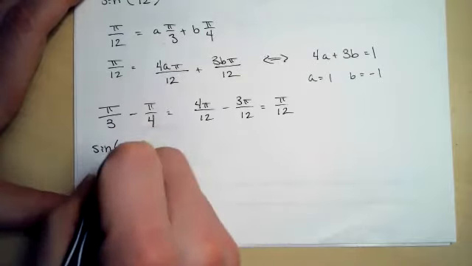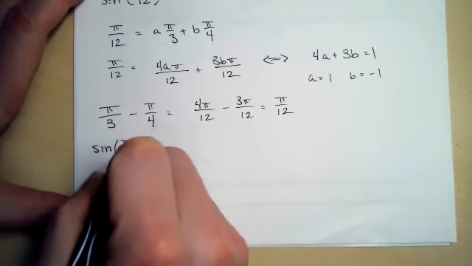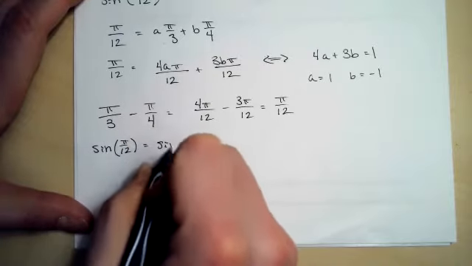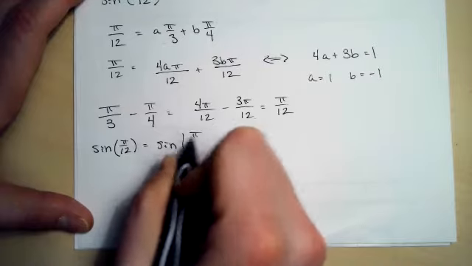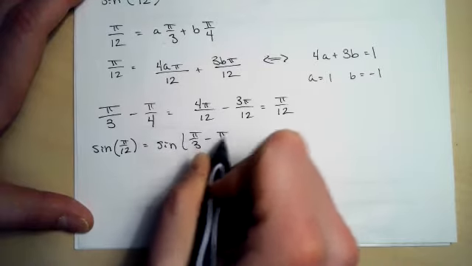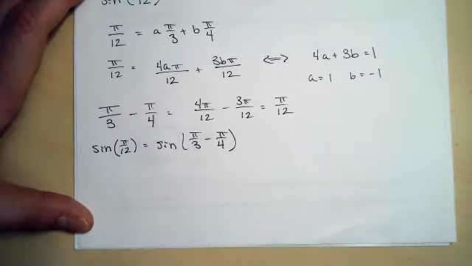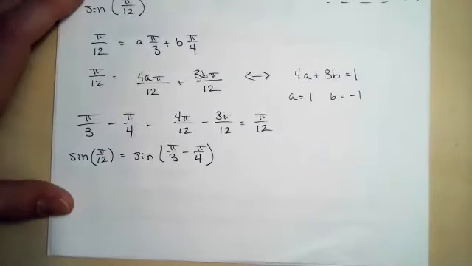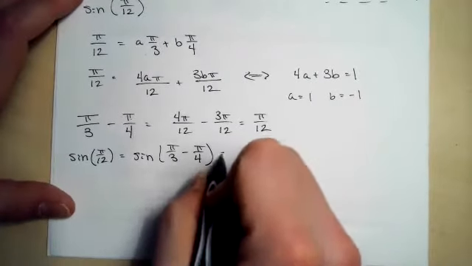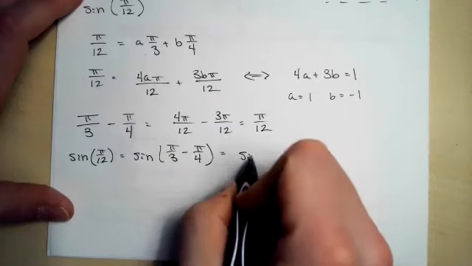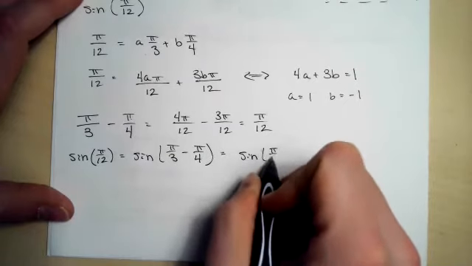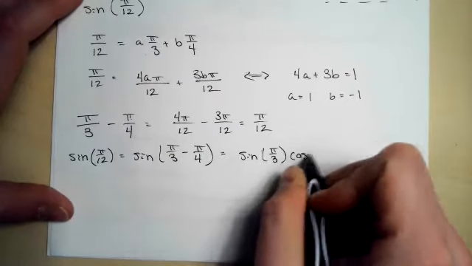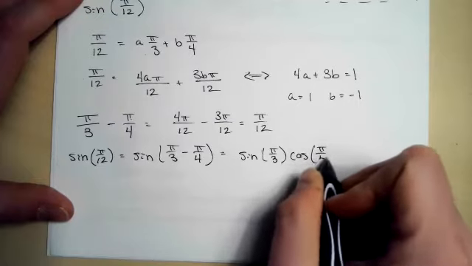So sine of pi over 12, we're just going to write as sine of pi over 3 minus pi over 4. And now we can use the formula that's going to be sine pi over 3 cosine pi over 4.